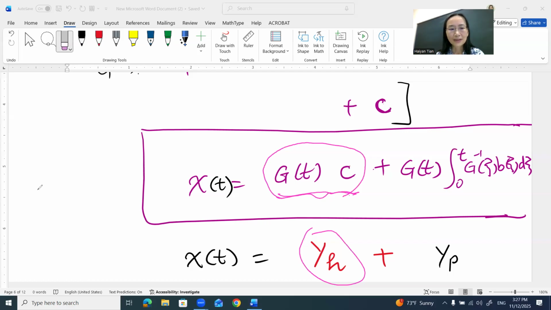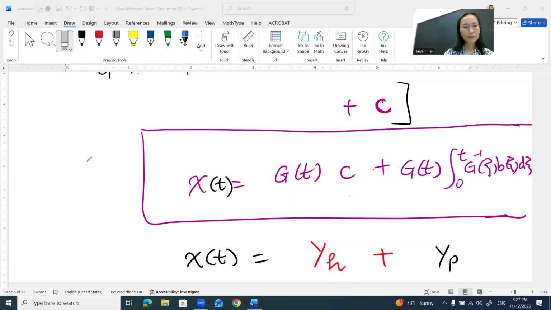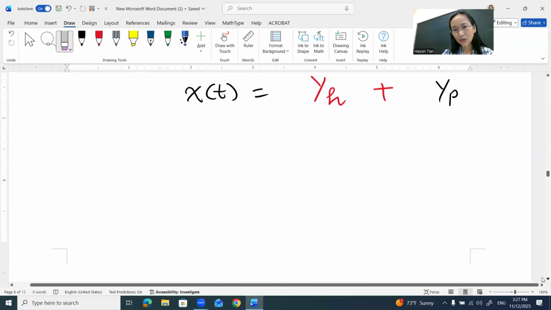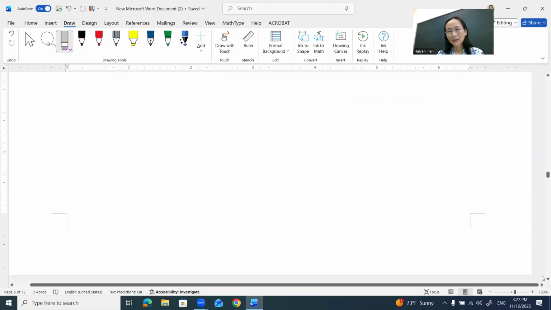C is arbitrary. So now we have actually solved a general system of equations, either homogeneous or non-homogeneous.